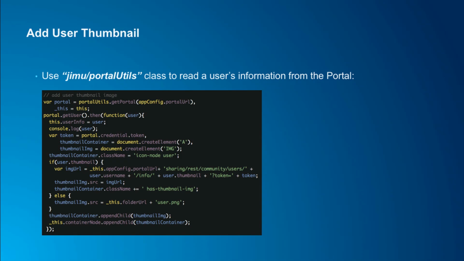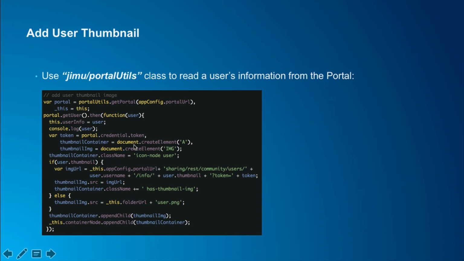Basically, this PortalUtils allows us to get information about an online user, like a portal user, or a portal item, or a group, or pretty much any other information that we want from a portal or our ArcGIS Online site.